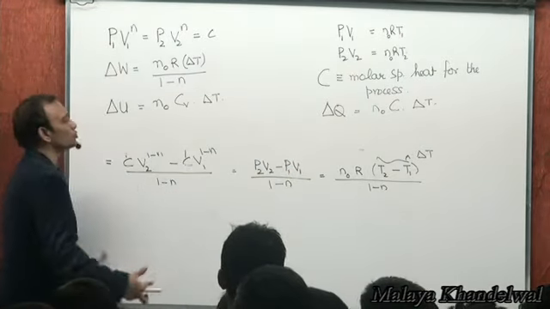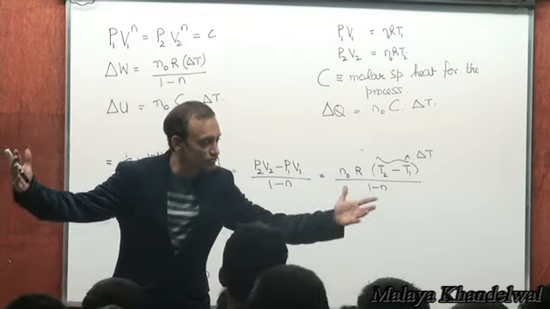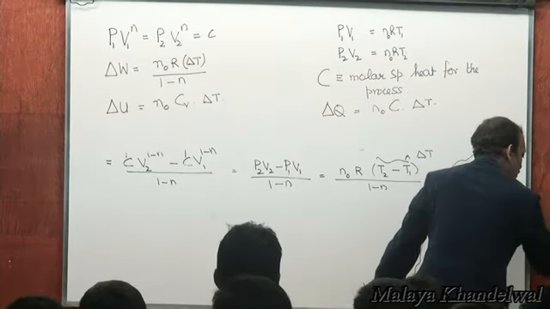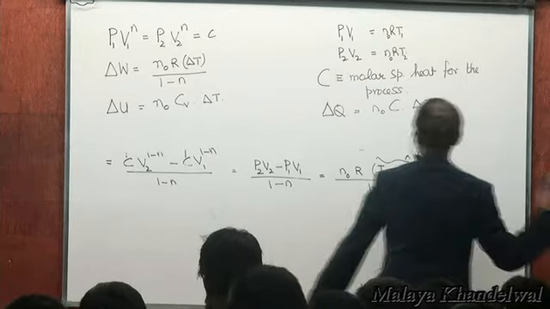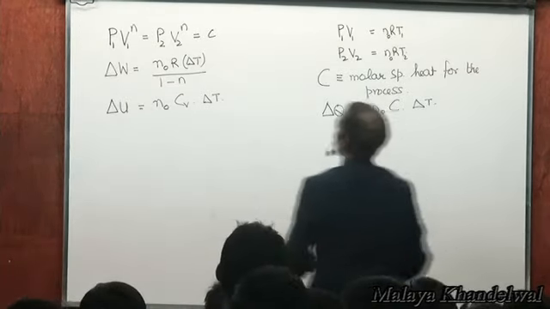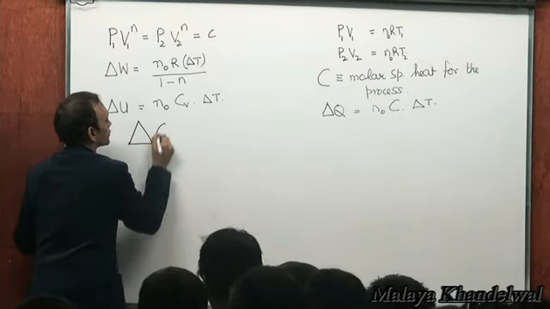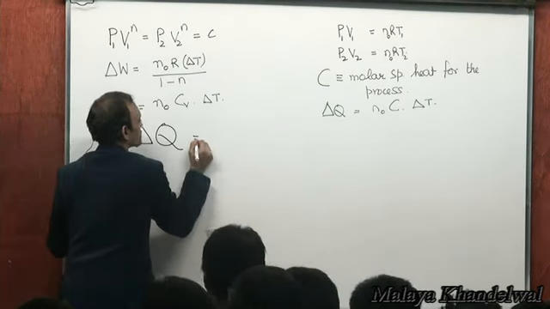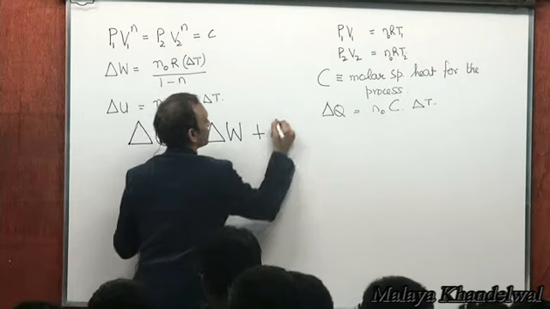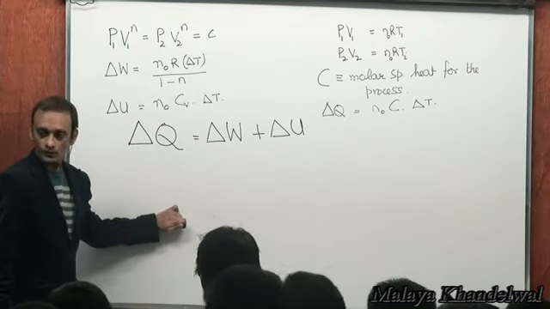Now all that we need to do is to carry out the first law of thermodynamics, right? So when I deploy the first law of thermodynamics to this, heat supplied must be work done plus change in internal energy, right?